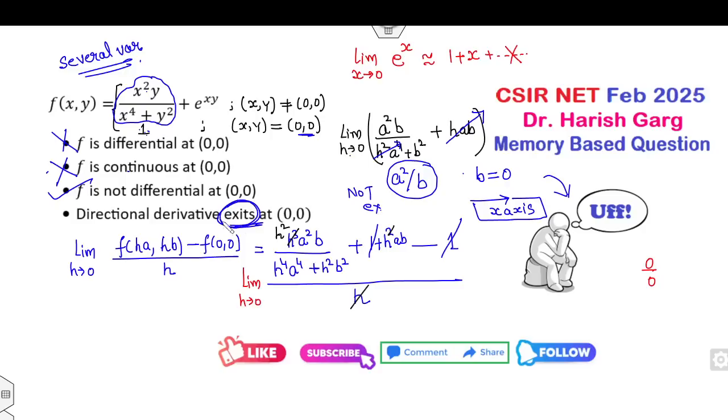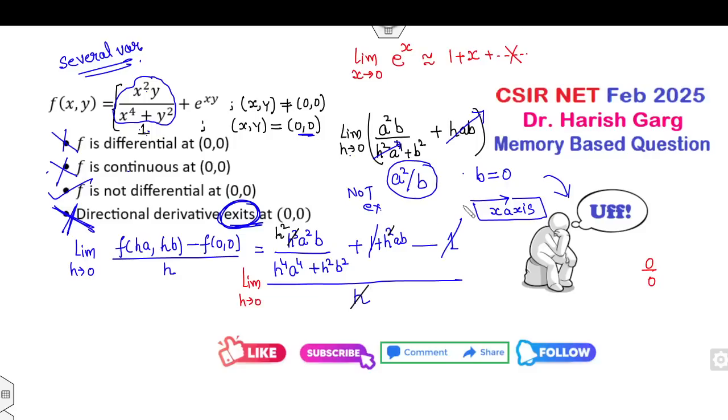But the question said the limit exists, so that option is cancelled. So the third is the only right answer of this problem.